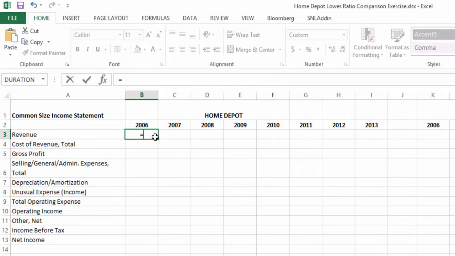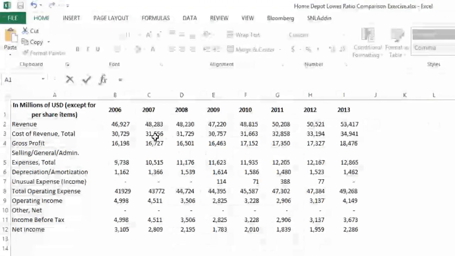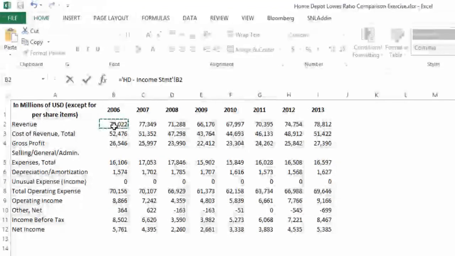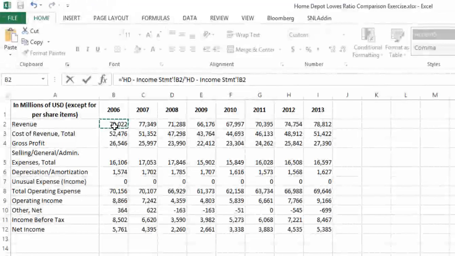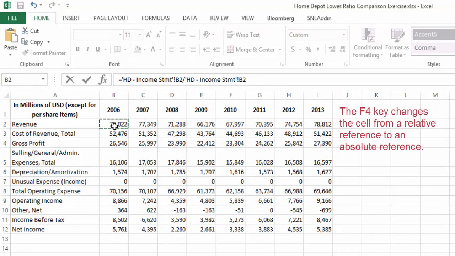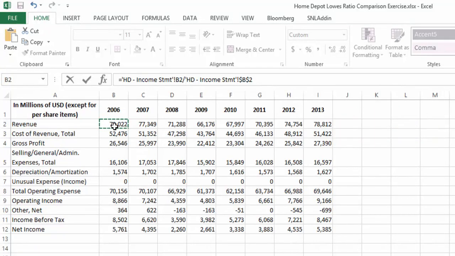So we're going to go to the income statement for Home Depot. I'm going to take revenue and divide it by total revenue. By the way, I'm going to hit the F4 key now. It's a very important key in Excel. It locks the cell reference. So when I lock this, everything is going to be divided by cell B2.